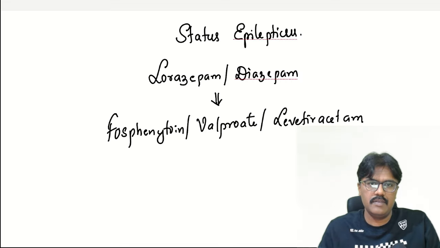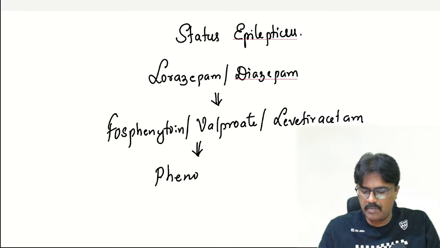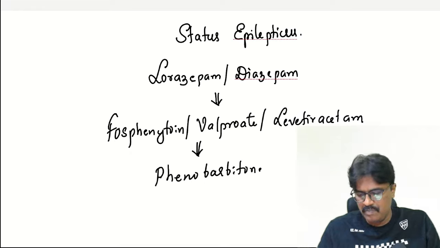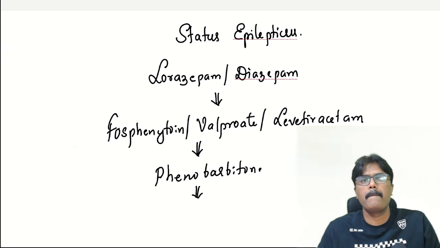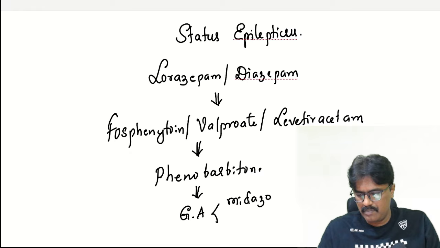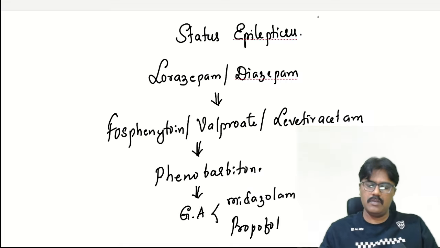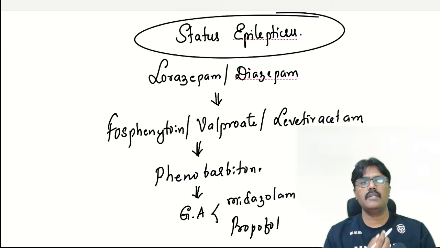Any of these. Still not responding, we give phenobarbital. So the last resort will be general anesthesia, either with midazolam or propofol. So this is again tested frequently. Status epilepticus management.